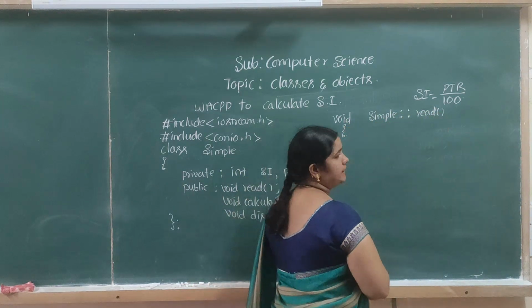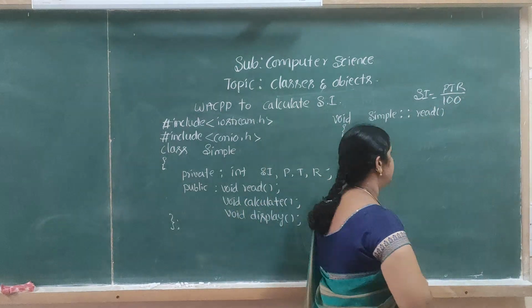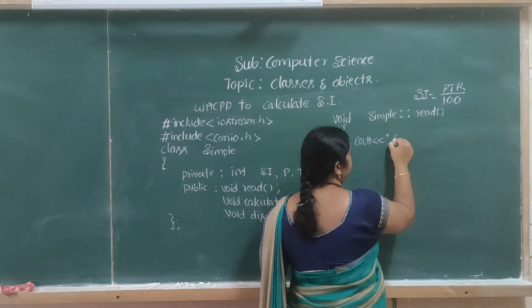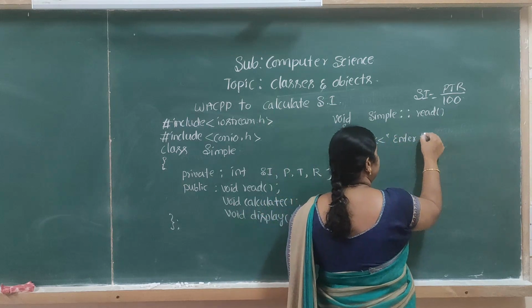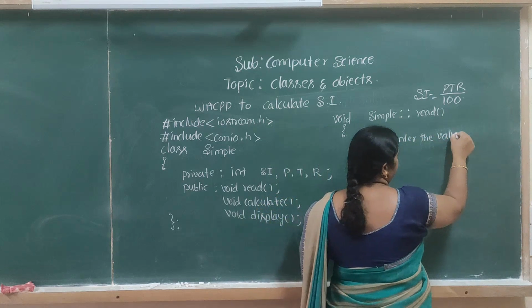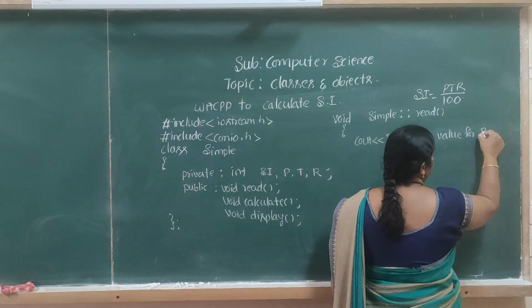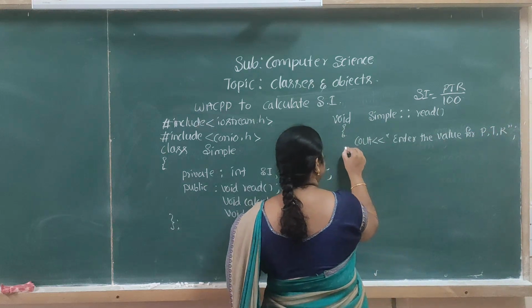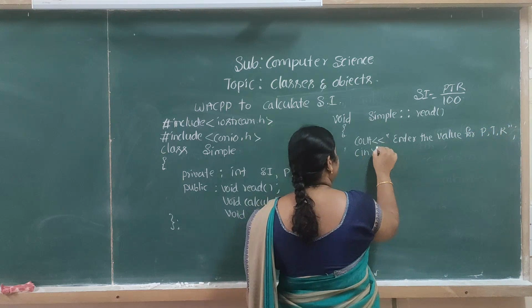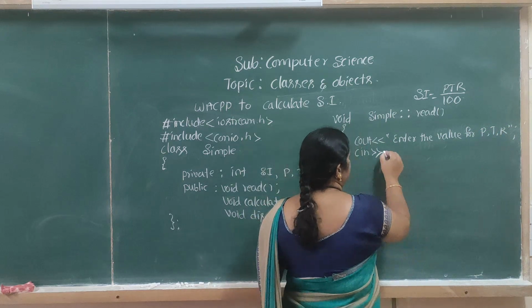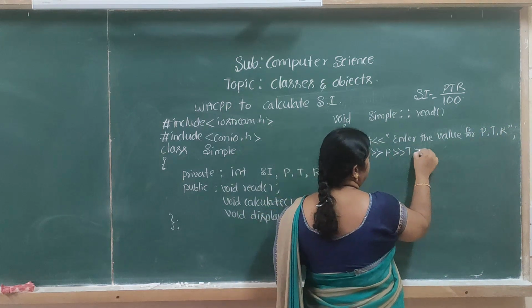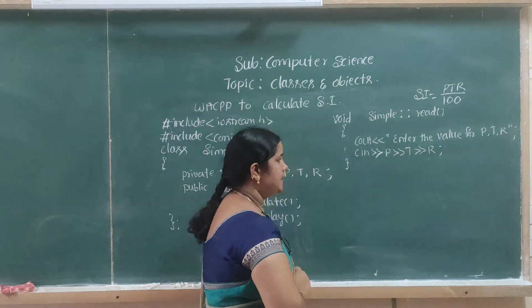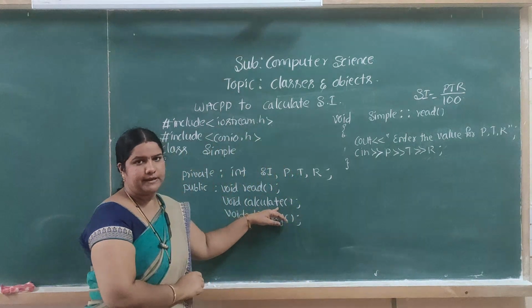Next, we read the values of P, T, R. It can be written as cout, enter the value for P, T, R, and then cin for P, T, R. Next, the closing brace.